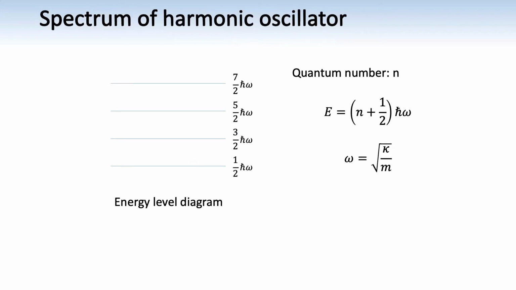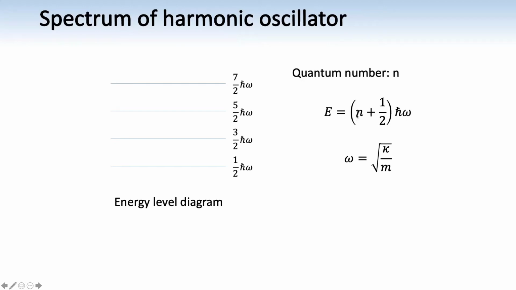So this is what we will discover if we could solve the Schrödinger equation completely, not guess, but actually solve it. And if you do, you'll get for E, n plus 1/2 h bar omega, where n could be 0, 1, 2, 3, etc. Now for n equals 0, we get 1/2 h bar omega, which is the ground state.